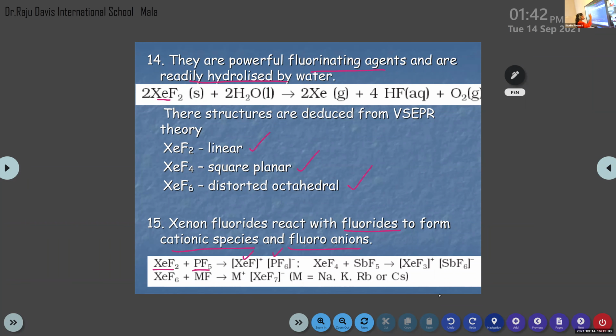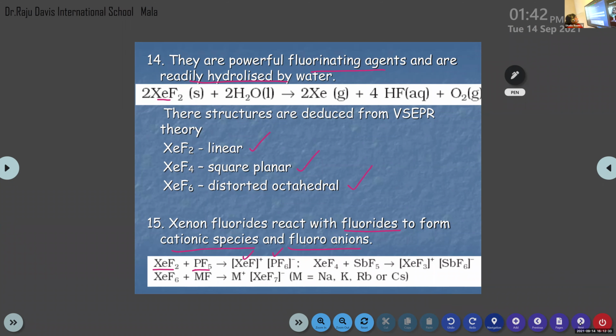That's a common thing. This xenon fluoride will be converted to the cationic part, and the remaining fluorine part will be converted to the anionic part. Clear, children? This is clear? Yes, right?